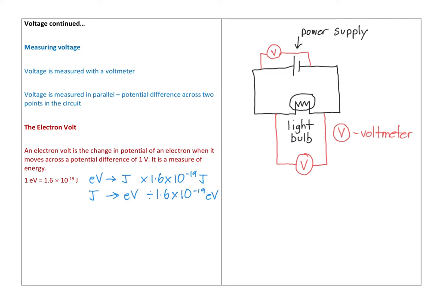If you're wondering where that comes from, think about the formula we had before, which says delta V equals work done divided by charge.